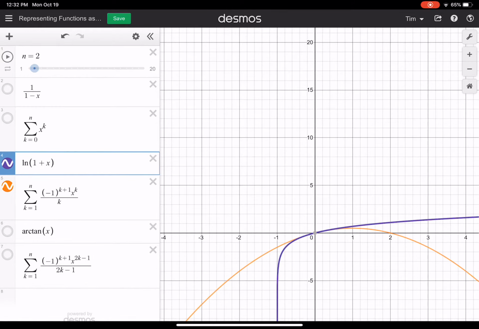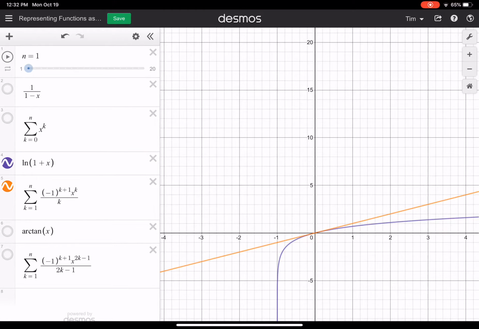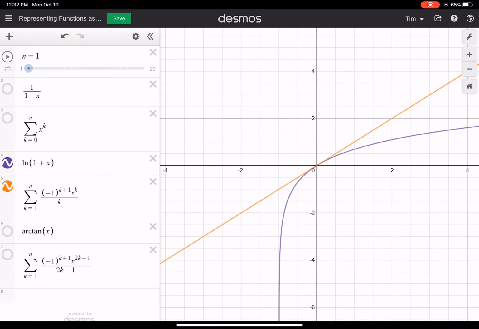And I'm going to plot with it my sum that came from the geometric series. So here is the tangent line. That's just x, the first term.